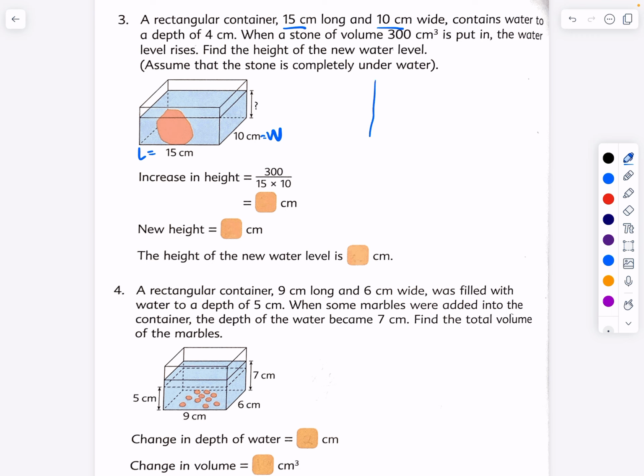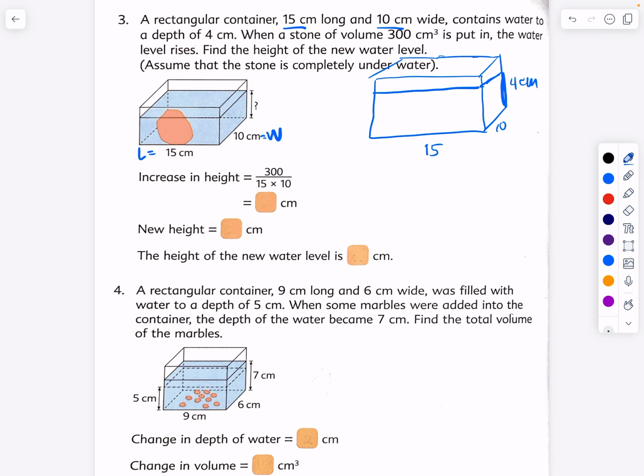So, we again have the situation that is not shown of a tank. And that is 15 by 10. And it has a depth of water that is 4 centimeters.